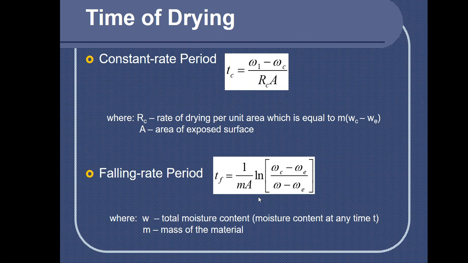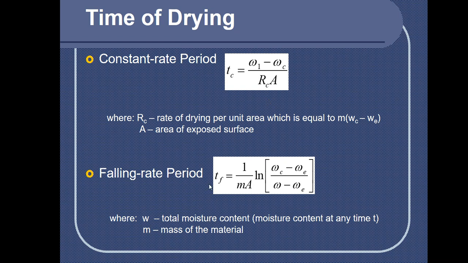As for the time for the falling rate period, you will still have the appearance of the W's, but here you will also need to add the W sub E, and you have the M and the A. The A also appears in the formula on top.